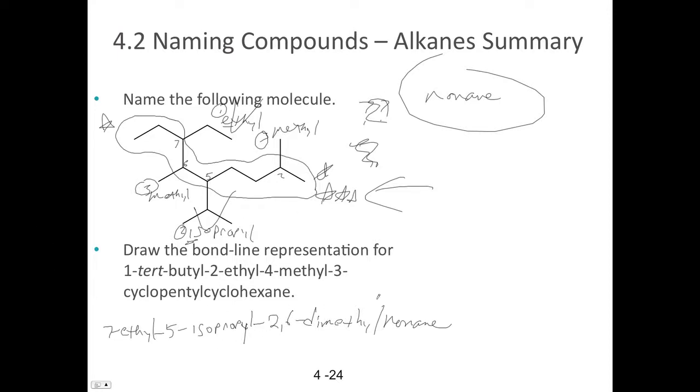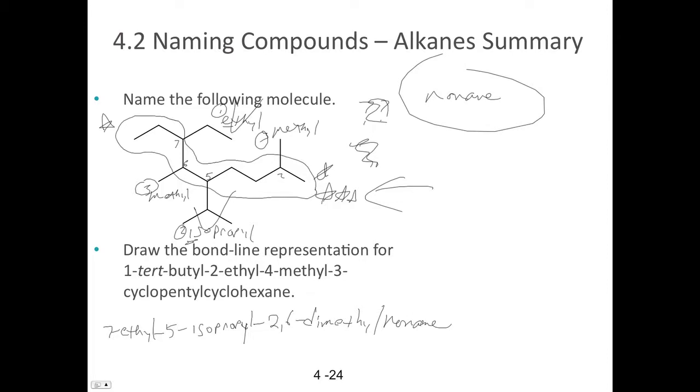What's so awesome about this? If you didn't have this structure right there and you just had the name, you could reconstitute the structure based on the name. And here's what I recommend. Every time you have a problem that says, give me the IUPAC name for this, draw out that IUPAC name. Then go back, erase the structure that you got the name from, and reconstitute the drawing just based on your name.